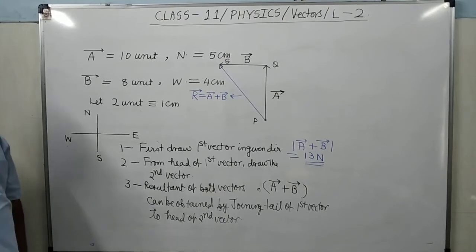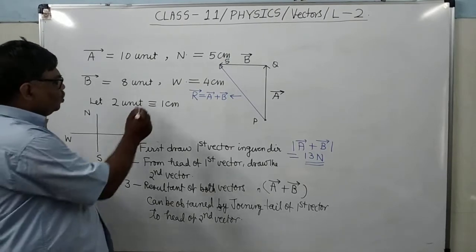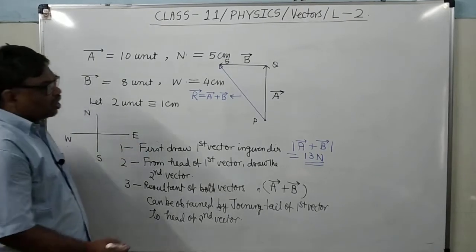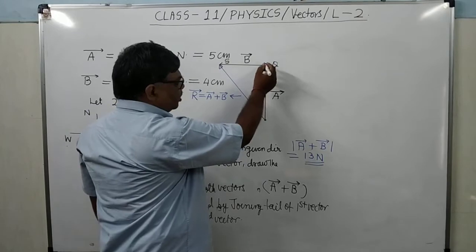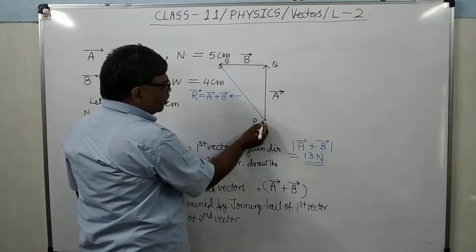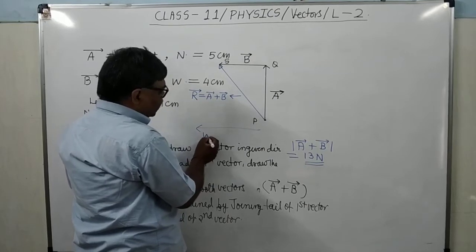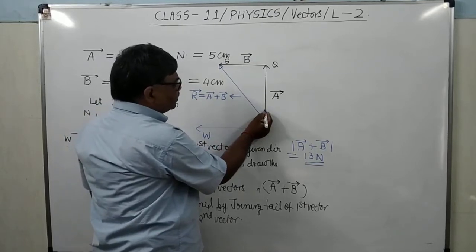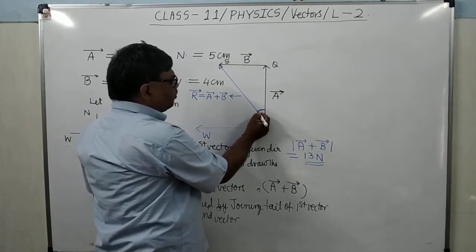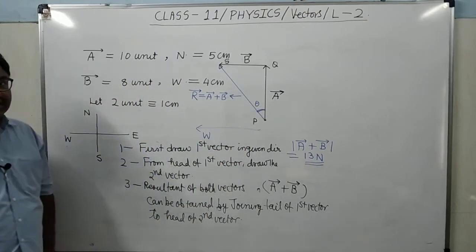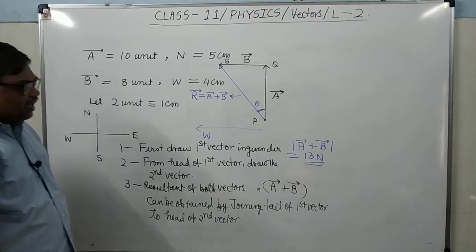How will you find the direction? The direction you have to express in EWNS. Now you can see here this direction is north, and this direction is the west direction. This angle you measure with the help of the protractor. So what will be the direction?